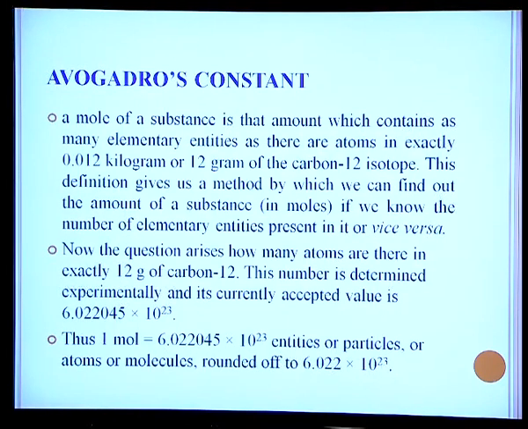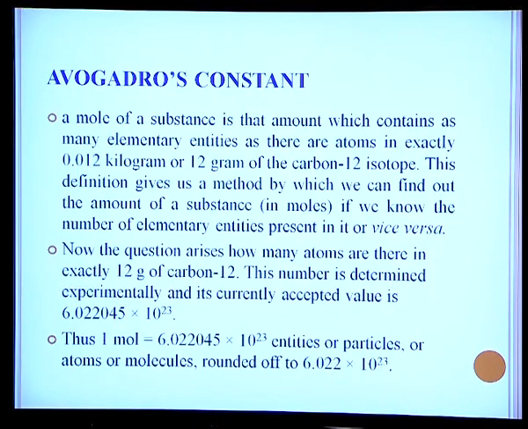Now the question arises, how many atoms are there in exactly 12 gram of carbon-12? This number is determined experimentally and its currently accepted value is 6.022045 into 10 to the power 23.